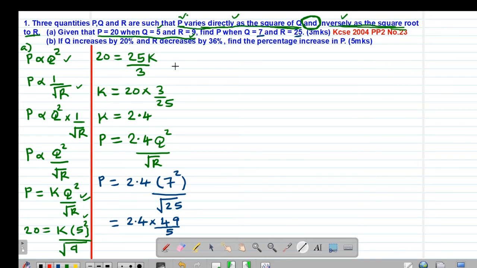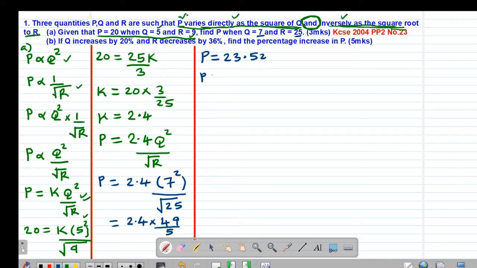So this is going to simplify to the following. If I take 2.4 multiplied by 49, I'm going to get 117.6, then divided by 5, I'm going to get my value of P being equal to 23.52.